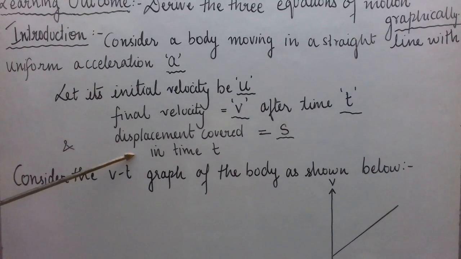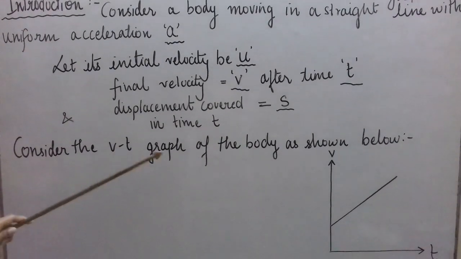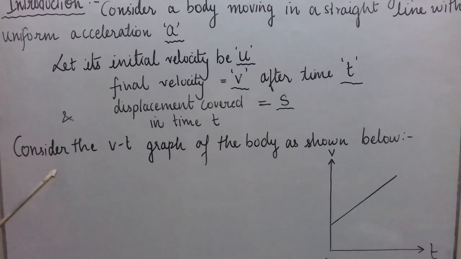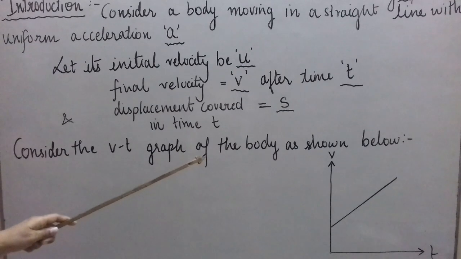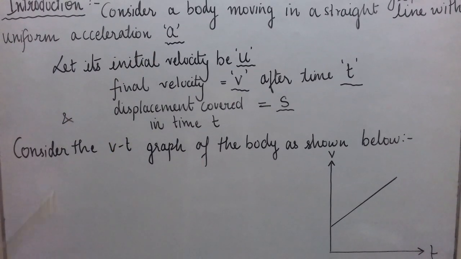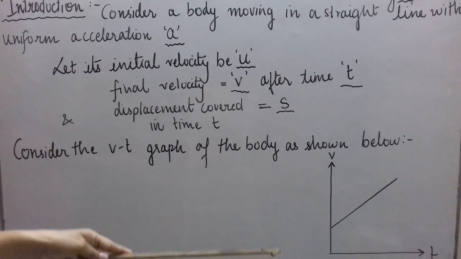Now the next part is that we have to draw the graph. Consider the VT graph of the body as shown below. We don't have to use the ST graph here, we will be using the VT graph. We know the body is in uniformly accelerated motion. So what is the nature? The nature is a straight line inclined to the time axis.